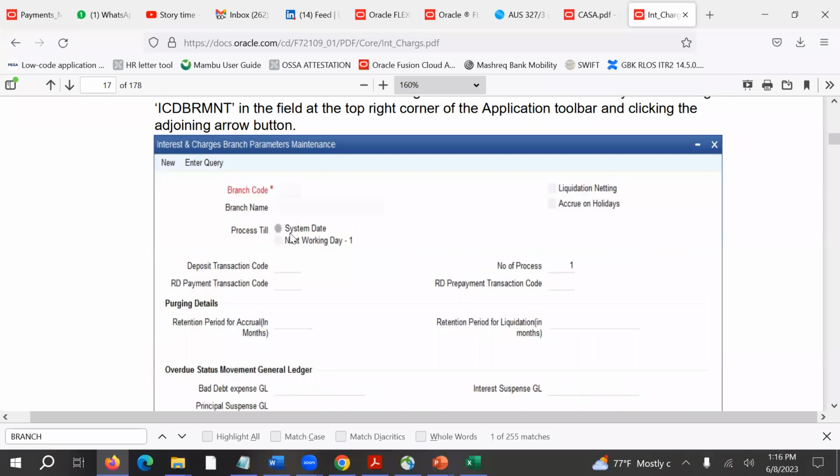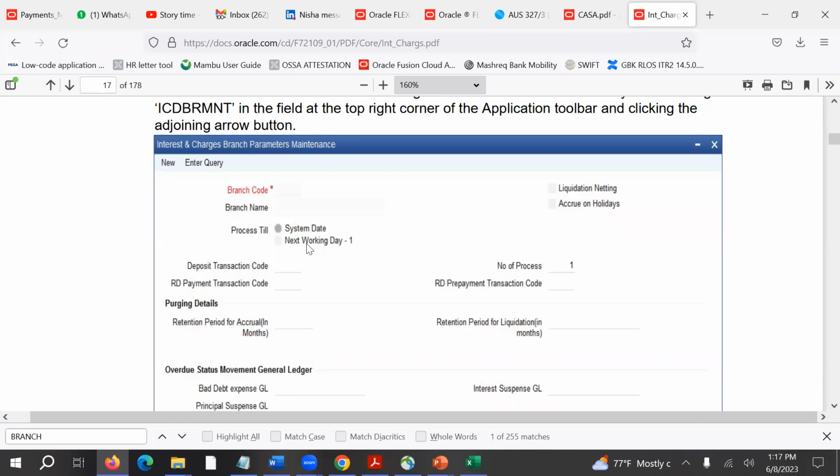See, process till system date or next working day, not backward, but how you want to process it. So if Saturday, Sunday holiday comes, from Friday, include Monday also, or process only until Sunday, like that.